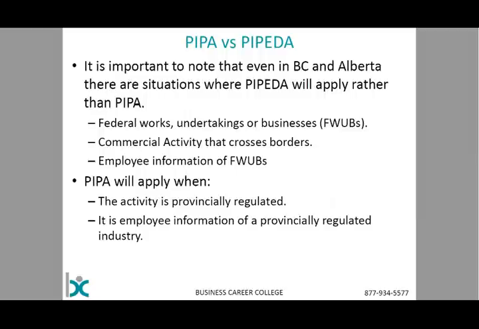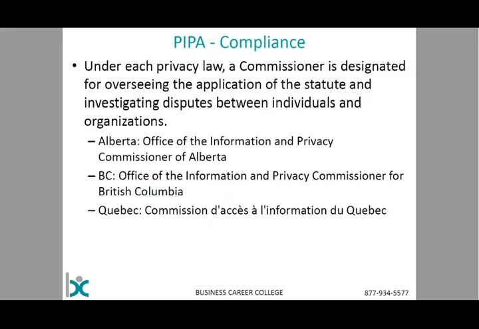So next we're going to look at the differences in compliance between PIPA and PIPEDA. So you'll remember that under PIPEDA, the compliance was managed by the Privacy Commissioner. Now, under each privacy law in PIPA, a commissioner is designated for overseeing the application of the statute and investigating disputes between individuals and organizations.